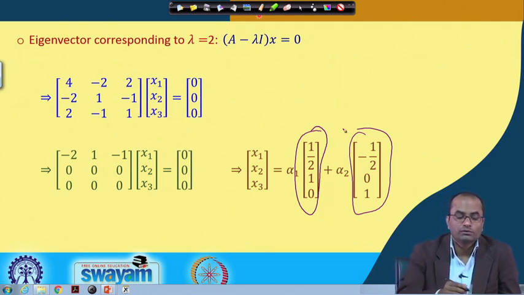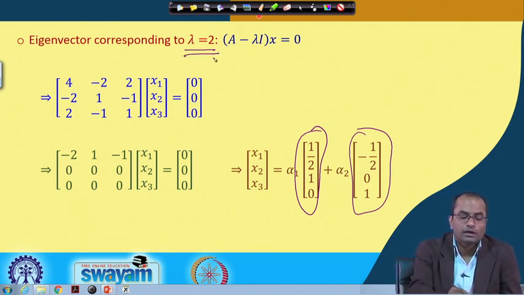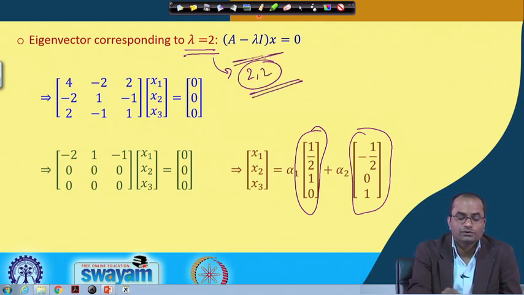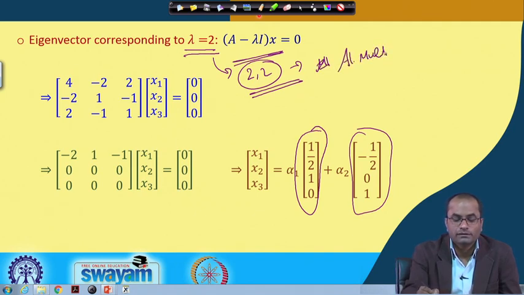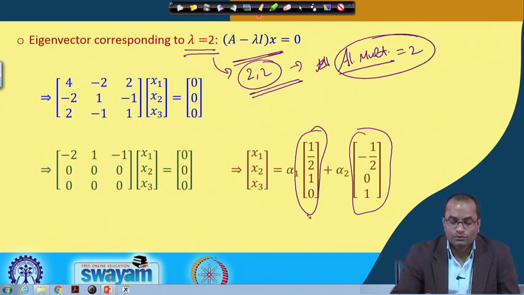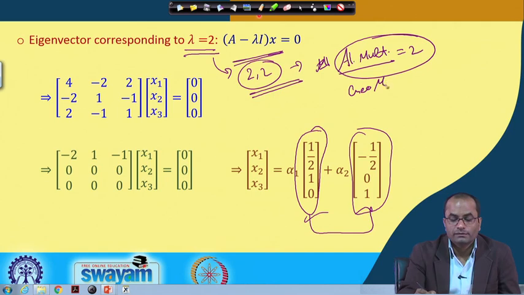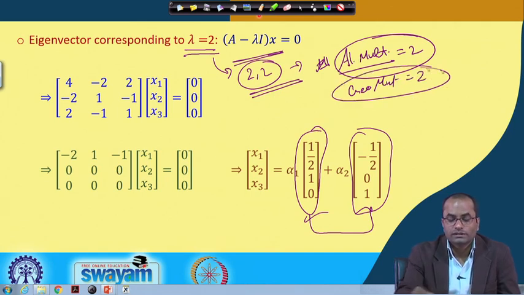So, corresponding to lambda equal to 2, because it was repeated 2 times, the algebraic multiplicity was 2, and we also got the geometric multiplicity. The geometric multiplicity is also 2 in this case.